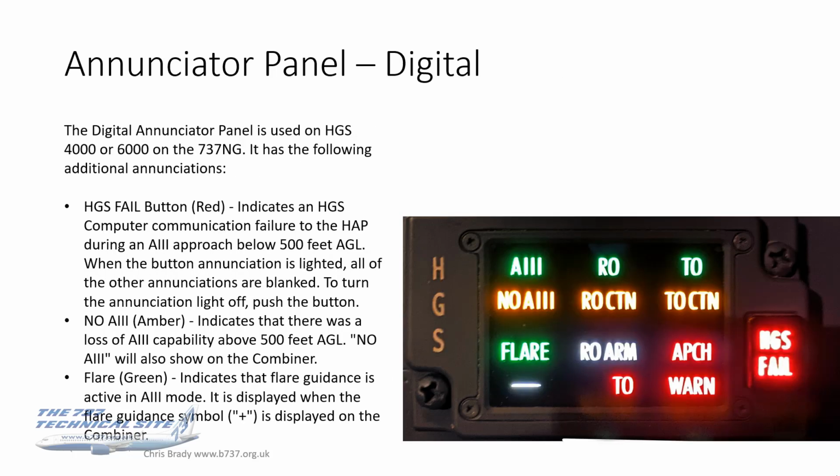That was replaced on later 4000s and the 6000s on the NG with this display, and so you've got things like, out to the right there, the HGS fail button. So you got the computer's actually failed in comms during an A3 approach below 500 feet.